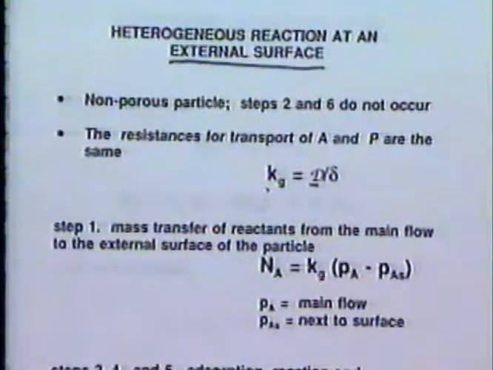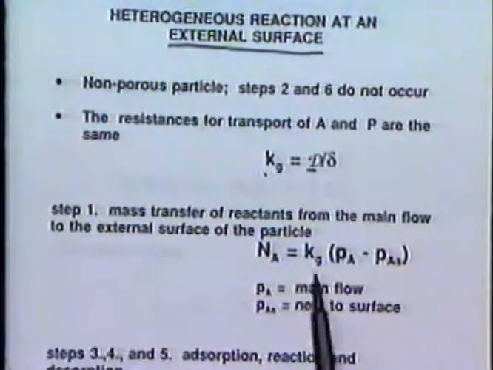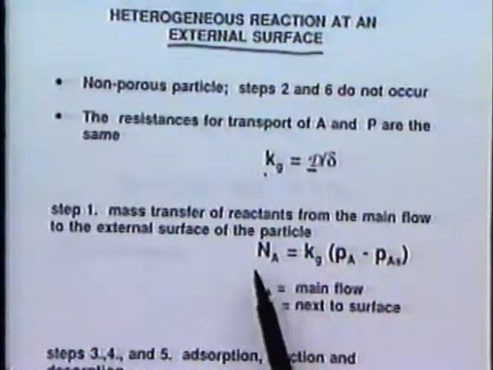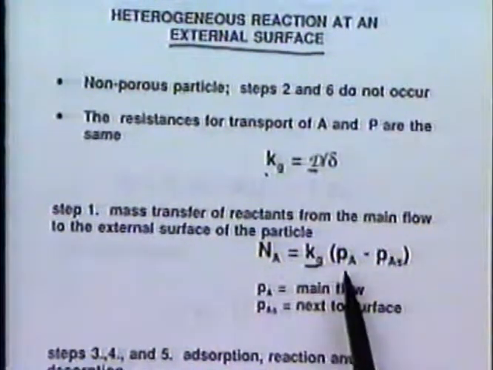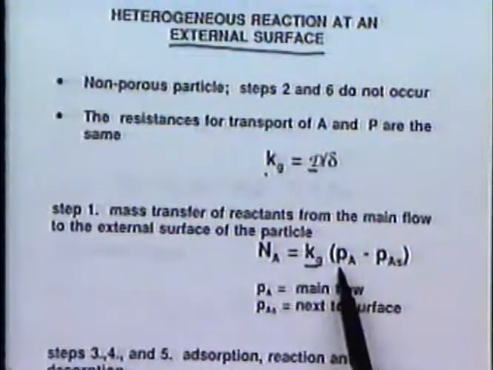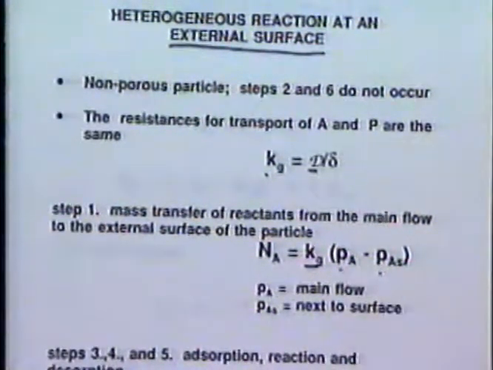film thickness. For step 1, we can write that the rate of mass transfer to the surface will be equal to Kg times a driving force, PA minus PAS.